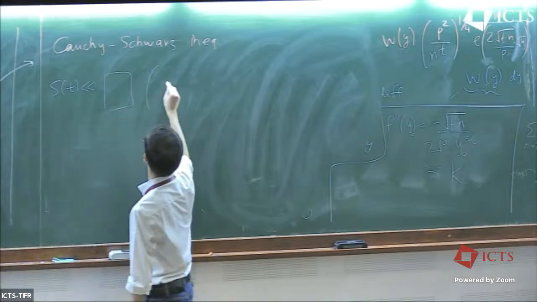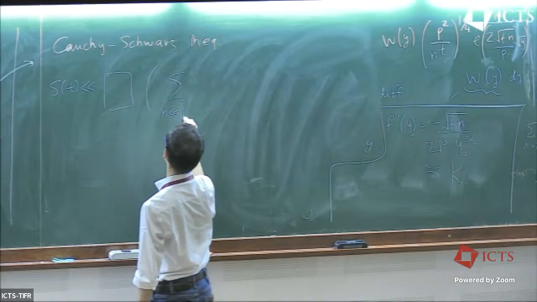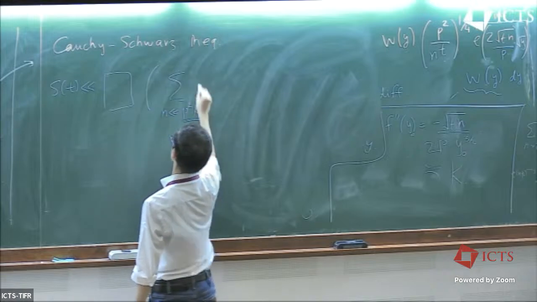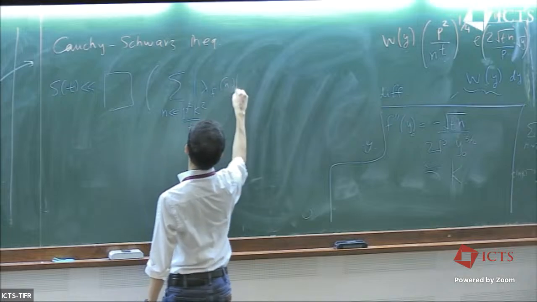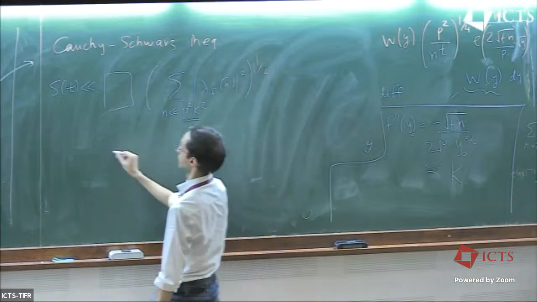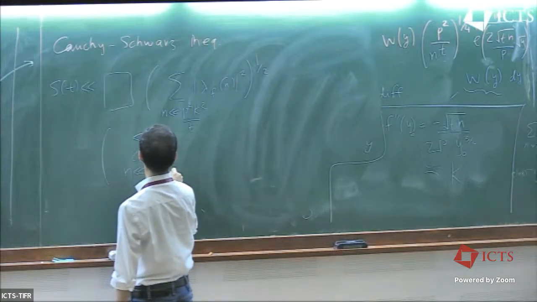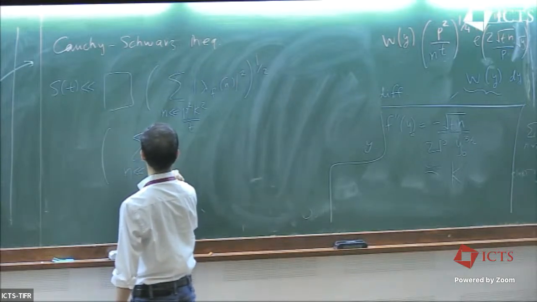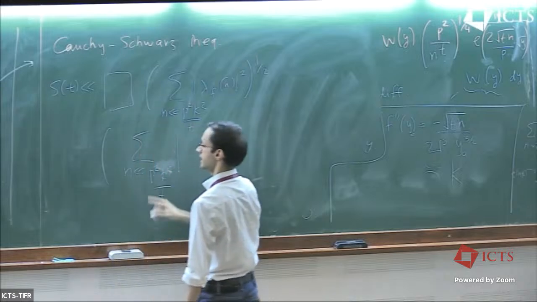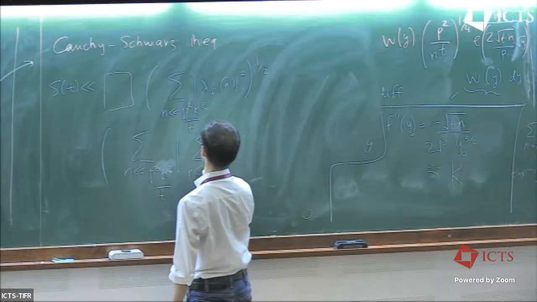And you have p squared, k squared over t, lambda fn squared square root times n going up to p squared, k squared over t. And inside the absolute values, you have the R sums.